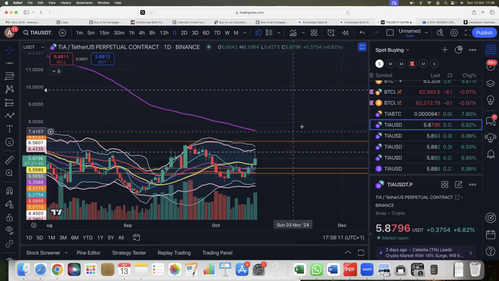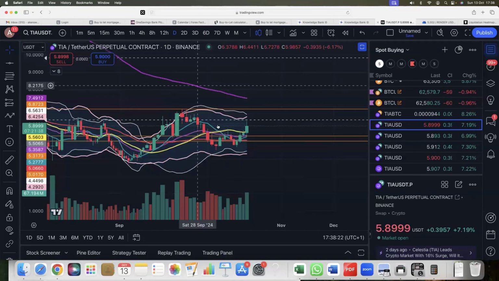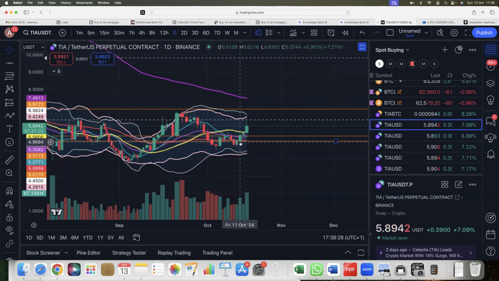And with this playbook, you just have to be patient and let it play out, because I remember last week, Monday, on the daily chart, when we drew the lines for the price to come up and down last week.